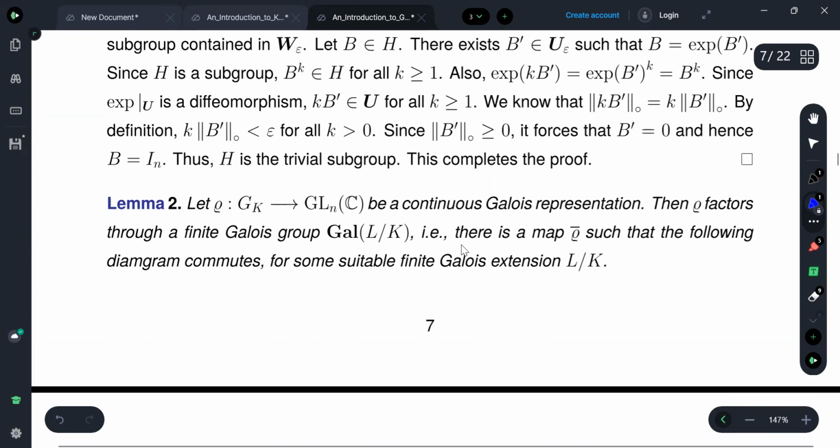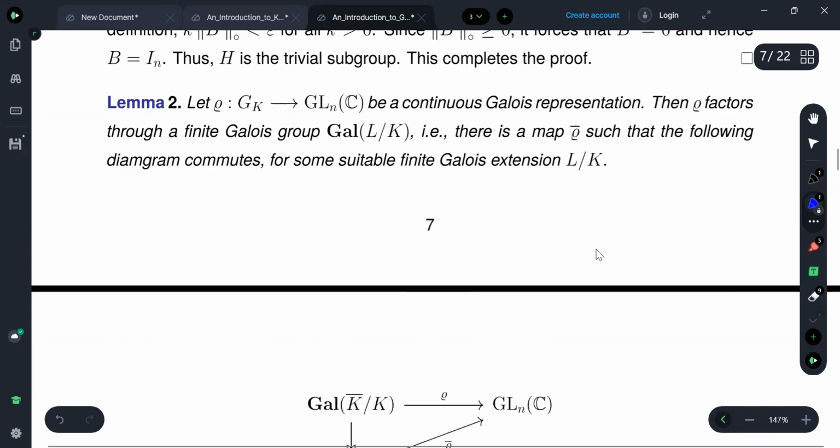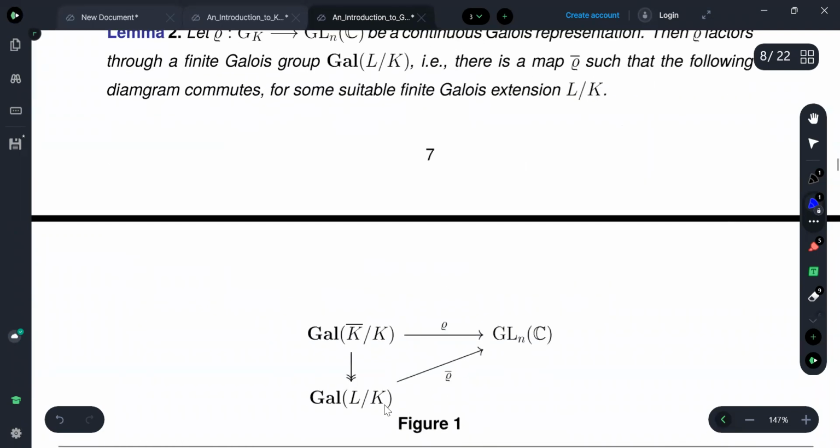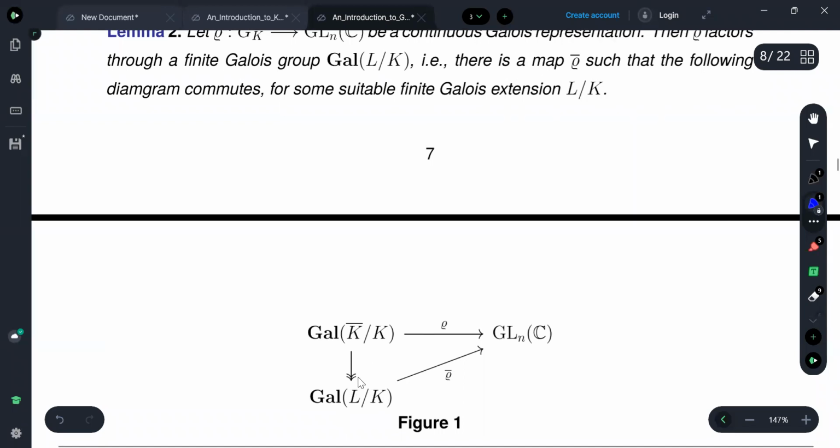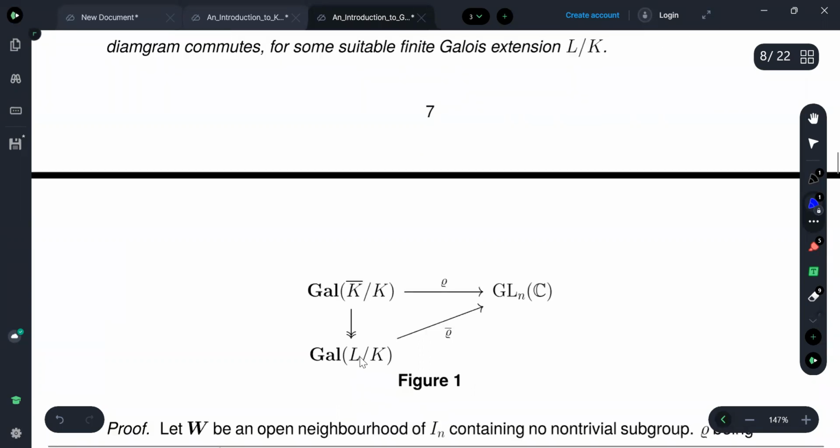That is equivalent to saying that there is a map rho bar from this finite Galois group to GLnC, and the absolute Galois group surjects onto this Galois group, and this diagram is commutative.